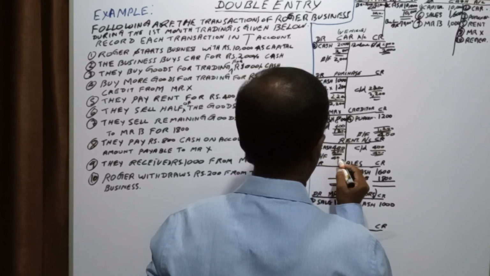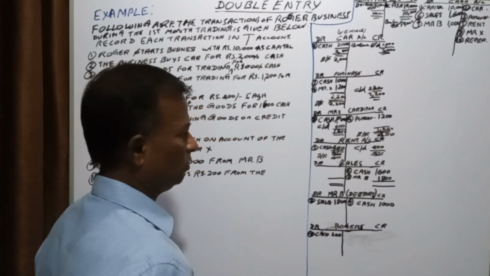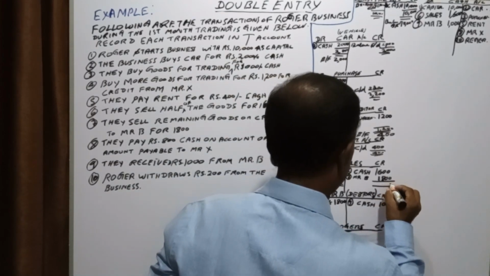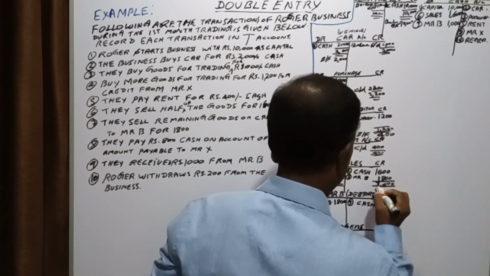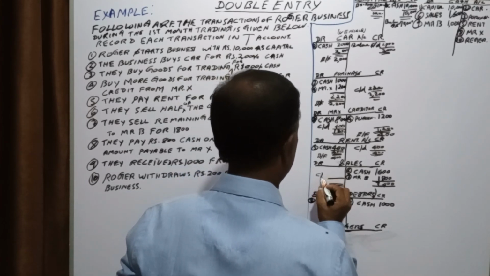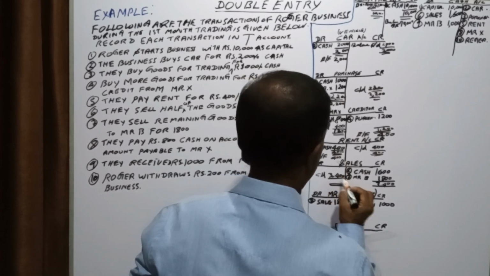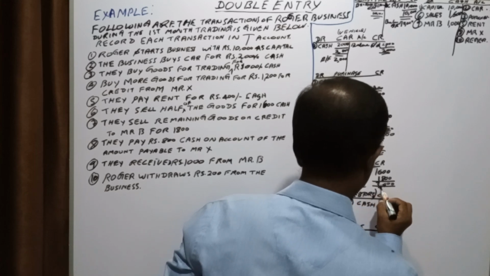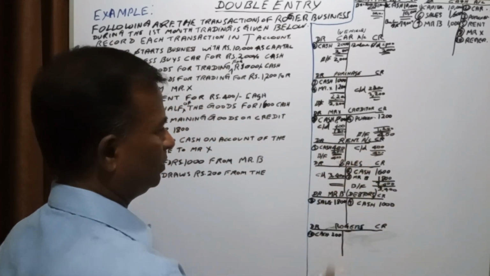For the sales, only the credit balance is there, so you'll put 3,400, balance carried down 3,400, and balance brought forward 3,400. Sales always will have the credit balance.